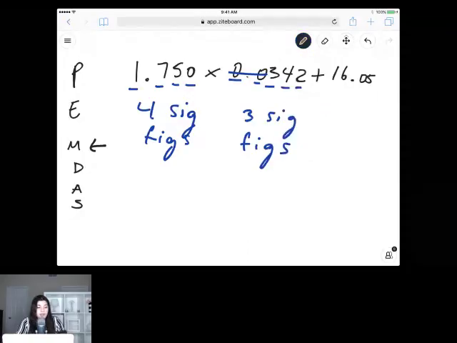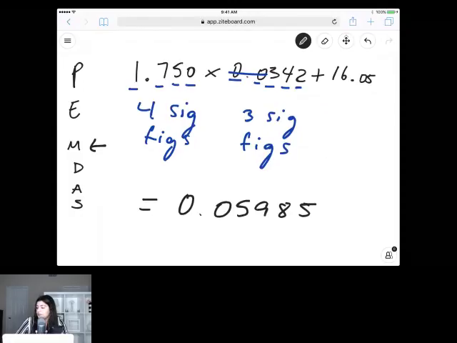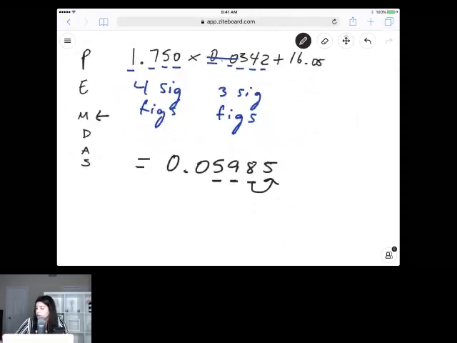So let's see what that gives us. 1.750 times 0.0342. And that gives us 0.05985. We'll round to 3 sig figs. So stopping at, this is 1, 2, 3 sig figs. We round up because of the 5. You get 0.0599. But we're going to continue on.